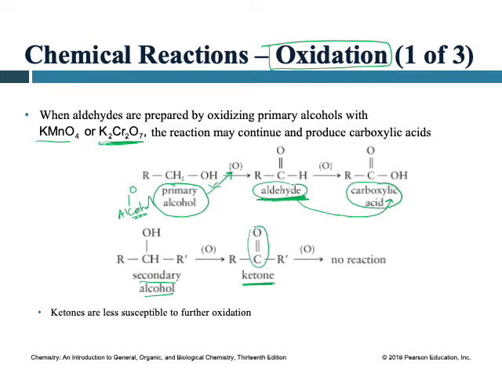Because secondary alcohol has an OH group on the middle carbon, and if you oxidize, you will make a double bond, which becomes a carbonyl group, right? So remember this, and then the ketone cannot be oxidized anymore. We already talked about this in the alcohol chapter, that ketones are less susceptible to further oxidation, right?